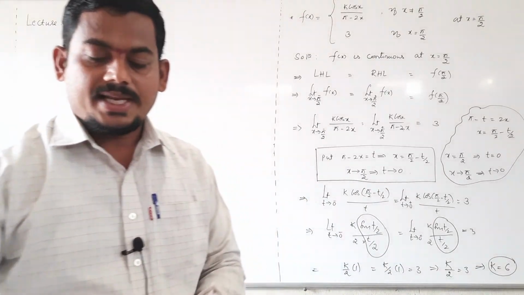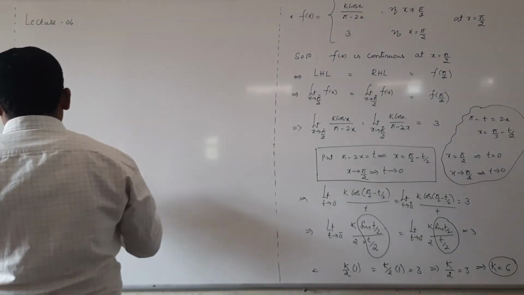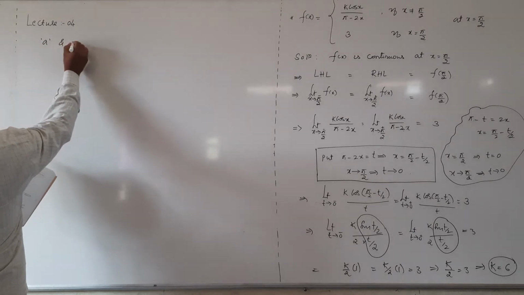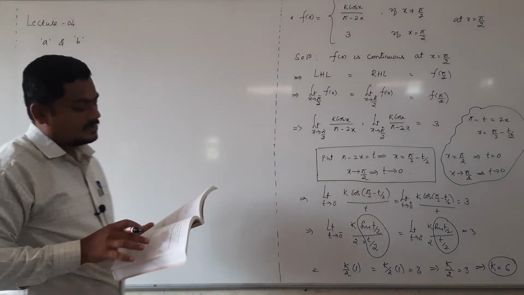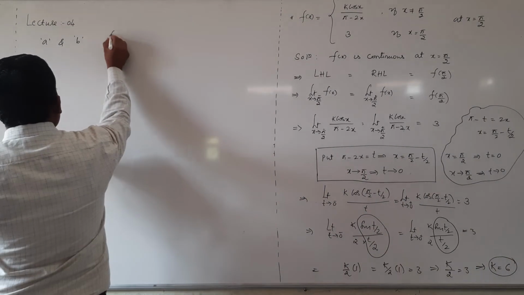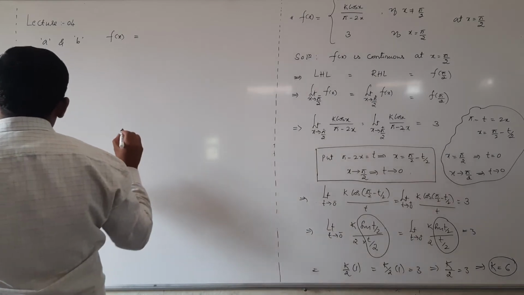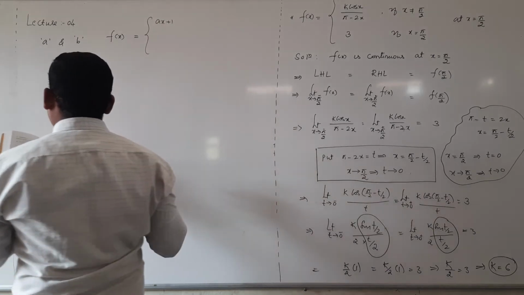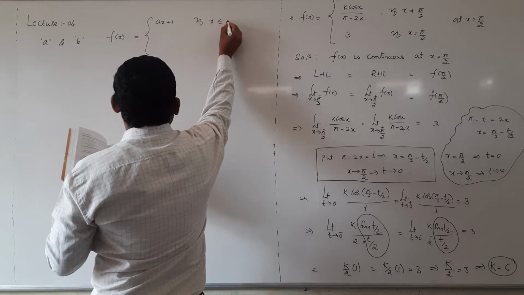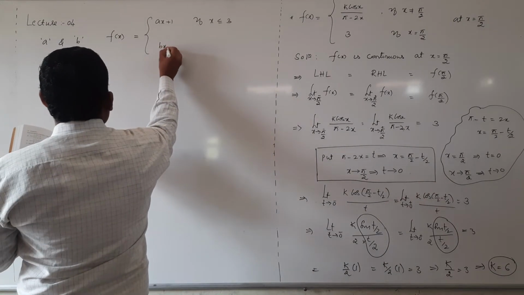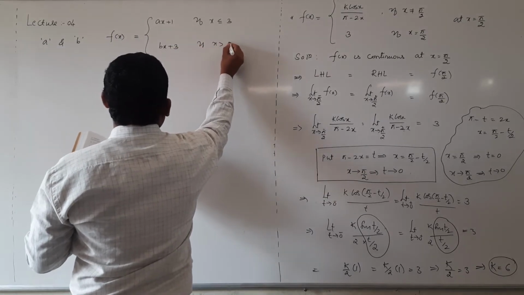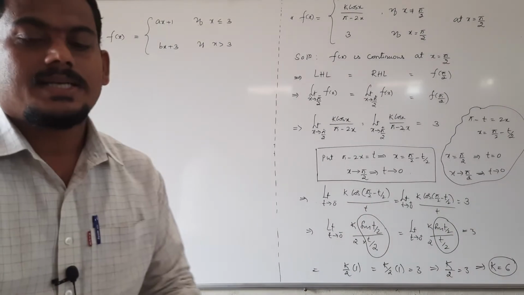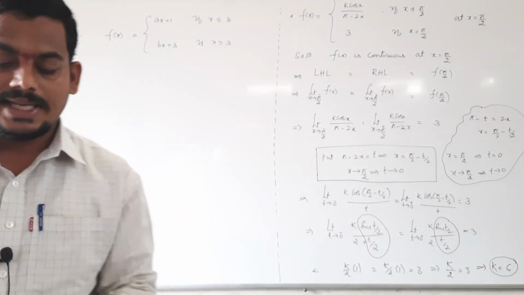Find the relationship between small a and small b so that the function f of x equal to ax plus 1 if x value is less than or equal to 3, bx plus 3 if x value is greater than 3, is continuous at x equal to 3.